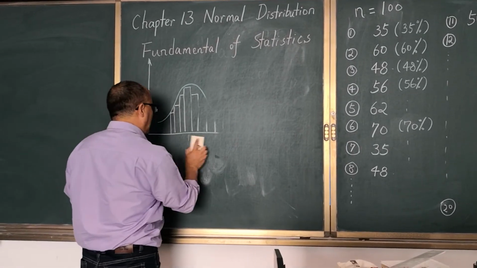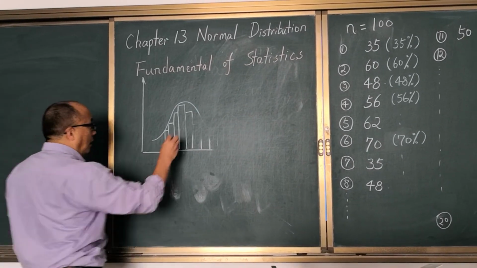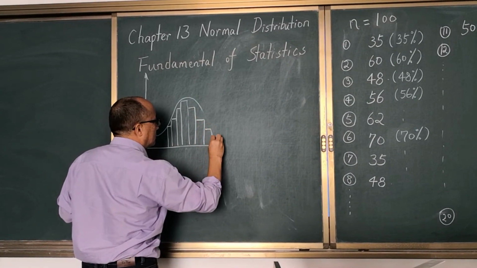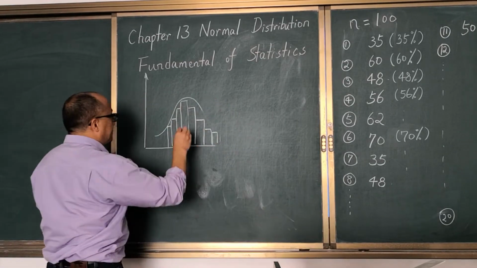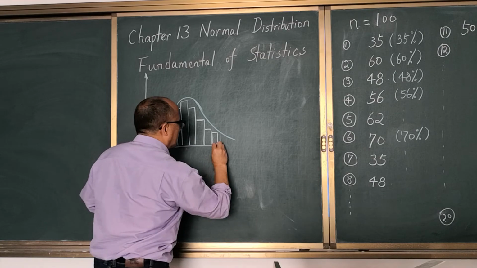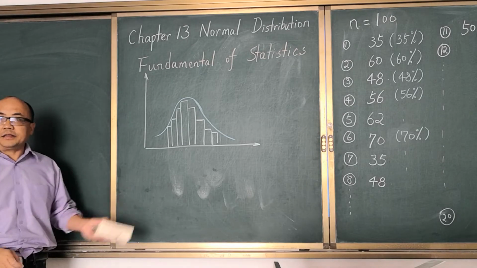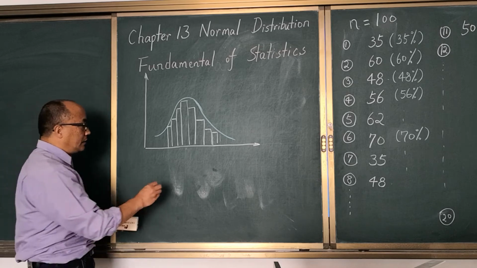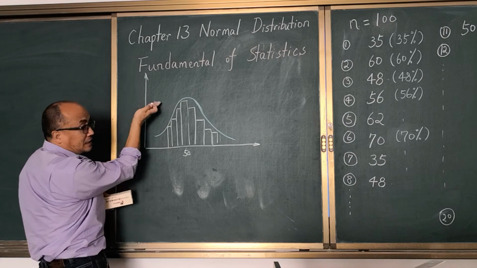Now, just to save time, I just borrow this. Let's say at the end of the final exam, this is the score, and here is 50, the score 50, and how many students.